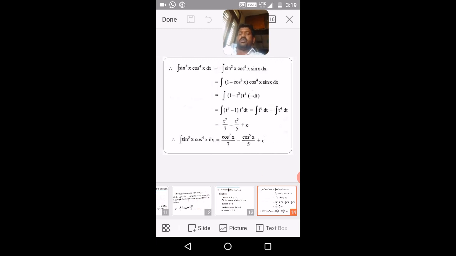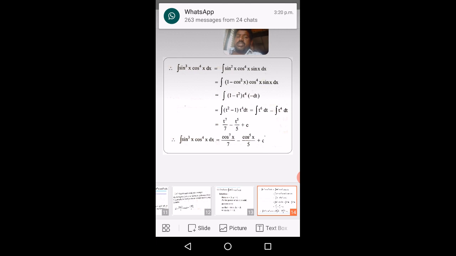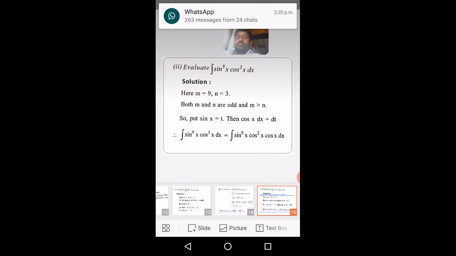That's why, by using trigonometric identities, you have to change the sin x terms into cos. That's why we wrote sin^3 x as sin^2 x into sin x, because sin^2 x can be converted to 1 minus cos^2 x. Then we may substitute cos x as t.